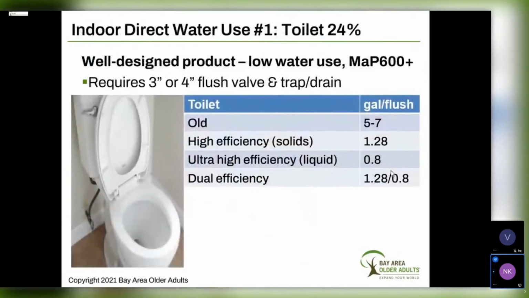So the first big water use is the toilet, which uses 24% of indoor water use. So that's about 14 gallons per person. Previously, before 1985, the old toilets used 5 to 7 gallons per flush.